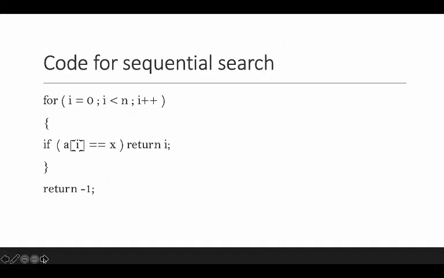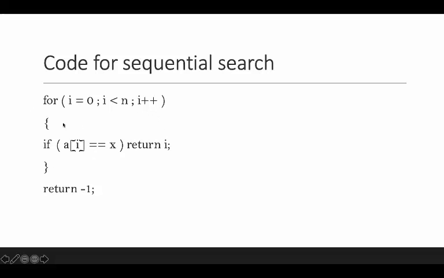This is the simplest code for sequential search. A for loop, in C syntax. An initialization for the index variable i with 0, and this is the terminating condition. It should repeat for all n elements, so only the less than symbol. And then this is the incrementation step. We increment by 1 every time to have all the n iterations.